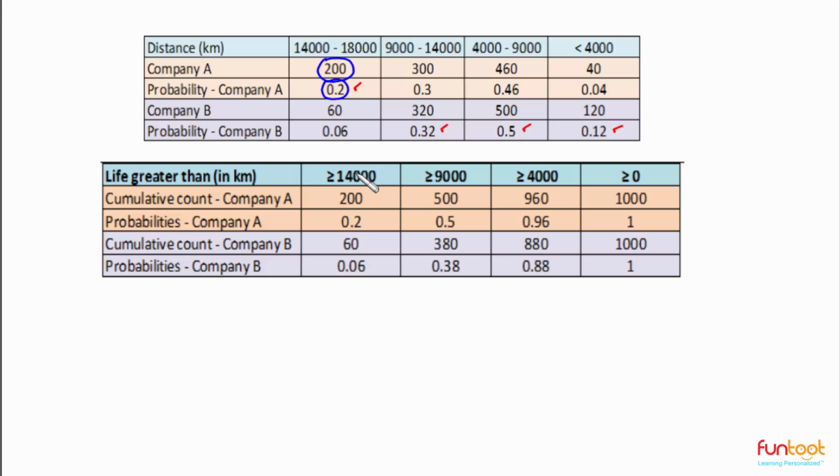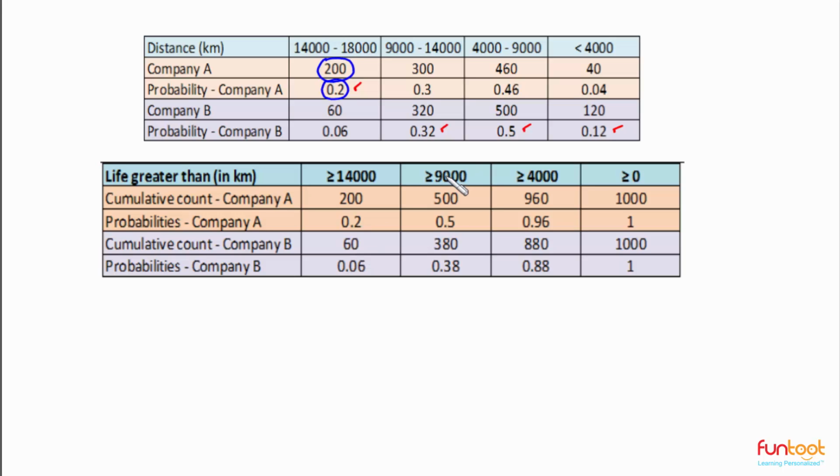So let's see how this table of cumulative count is made. In the first column we have life greater than or equal to 14,000 kilometers. So that we have 200 for company A and 60 for company B. So those values which were lying in the interval of 14,000 to 18,000, that is 260, we have put here.